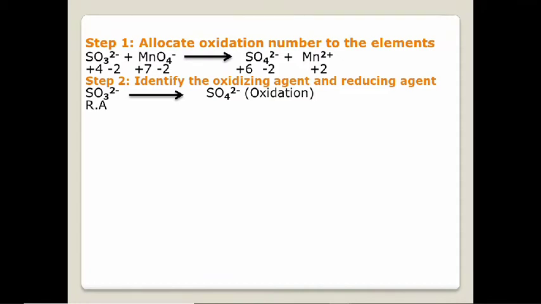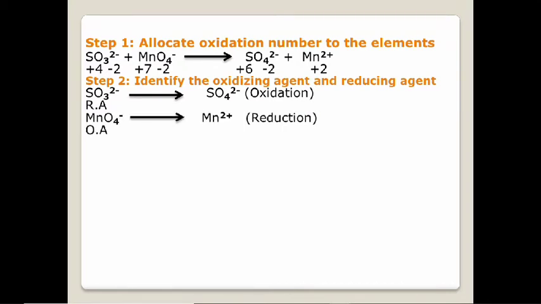Okay, so let's find what it has caused for the sulfite ion. Looking at the sulfite ion, we are going to say that it has caused the sulfite ion to gain an oxygen atom to turn to a sulfate ion, showing that it has caused the oxidation of its counterpart, while itself has been reduced. Therefore, it is said to be the oxidizing agent.